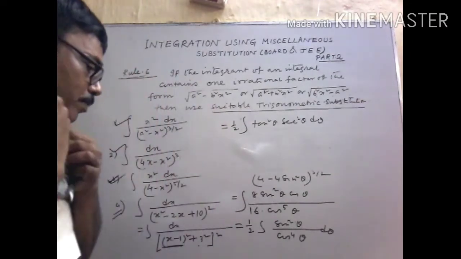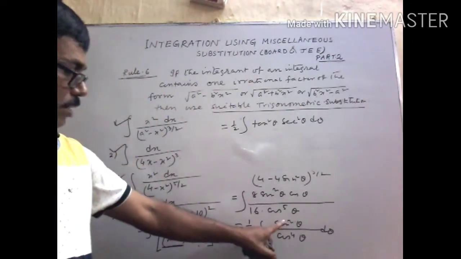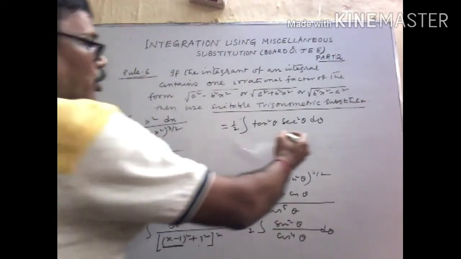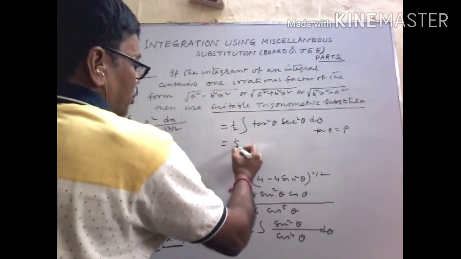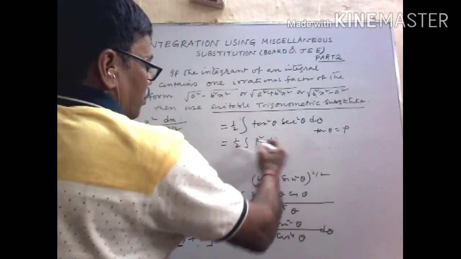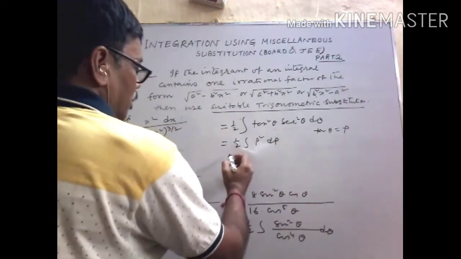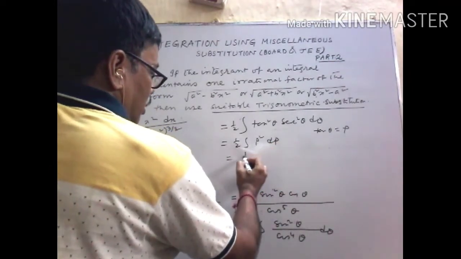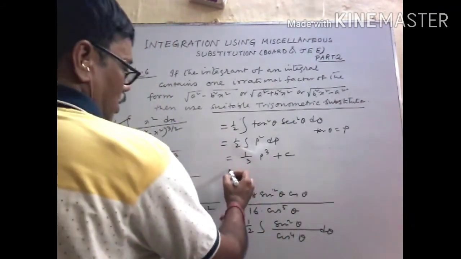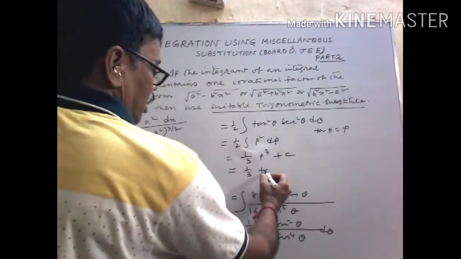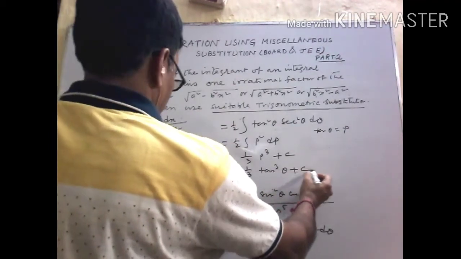Sin by cos is tan, one cos remaining. So if we put tan theta equals to p, look, half into p square dp. So finally 1 by 3 p cube plus c. So 1 by 3, what is p? Tan cube theta plus c.